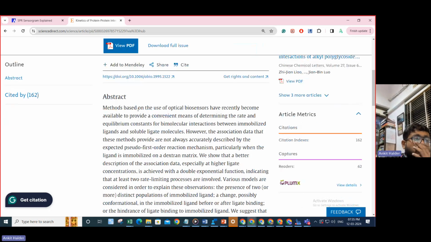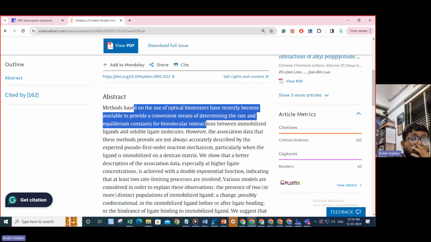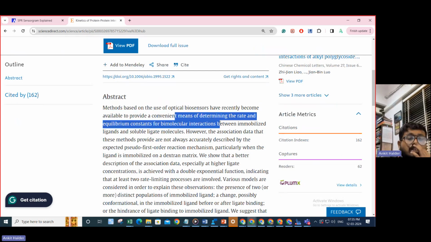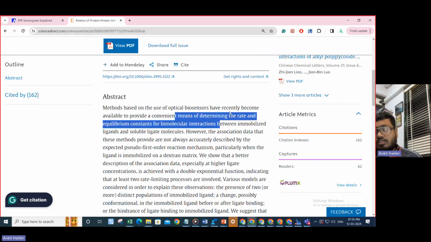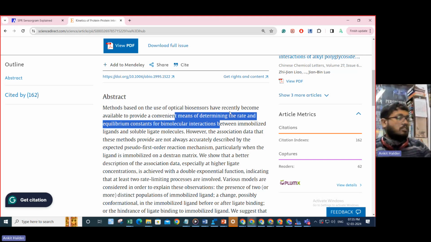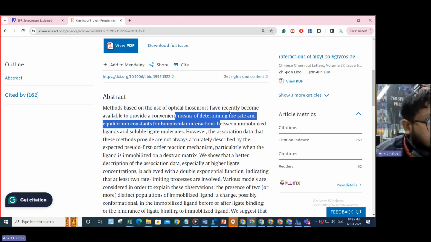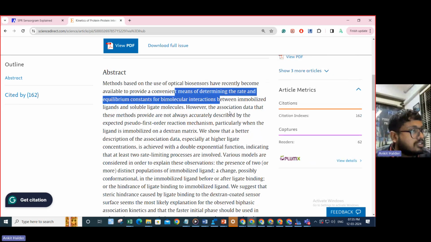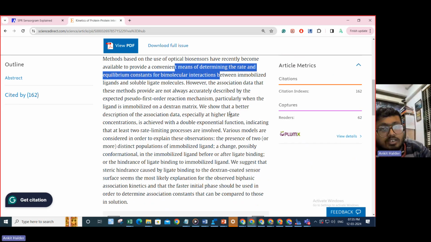Methods based on the use of optical biosensors have recently become available to provide a convenient means of determining the rate and equilibrium constants for biomolecular interactions between immobilized ligands and soluble ligate molecules.